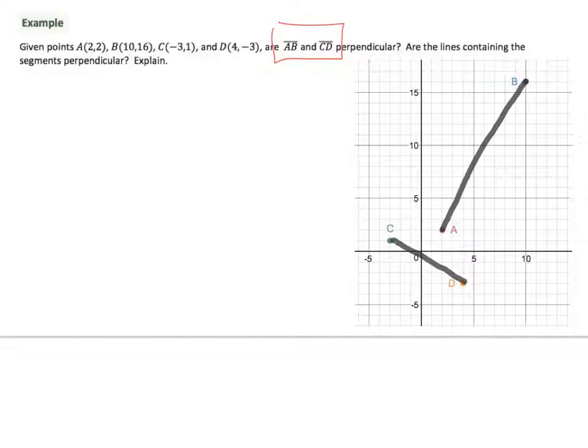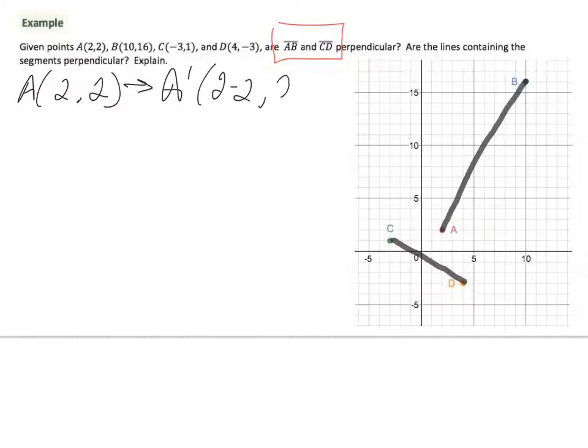Well, what we learned in the last lesson is if I can translate those points to the origin, then my work becomes a lot easier. So if I can translate A, which is 2, 2, to the origin, so I'm going to get A prime, which is 2 minus 2, 2 minus 2.